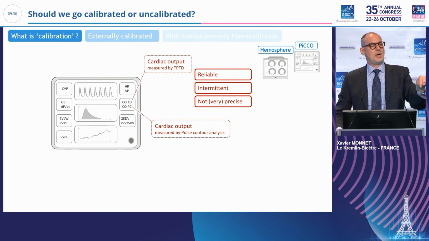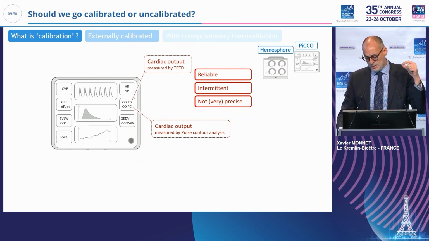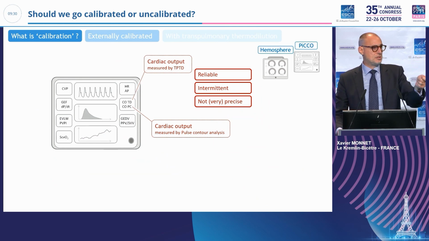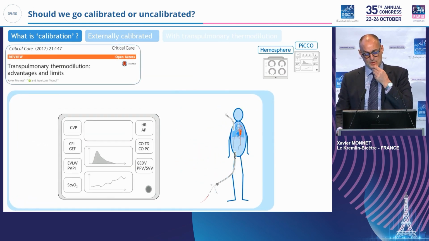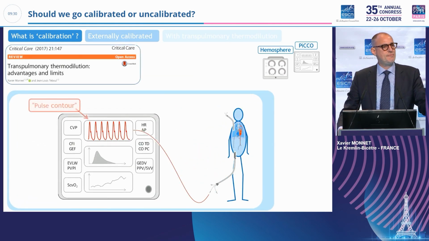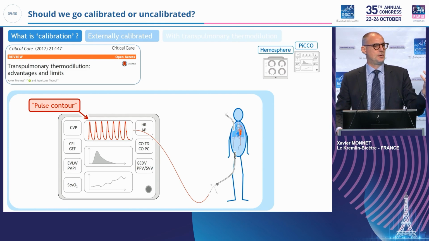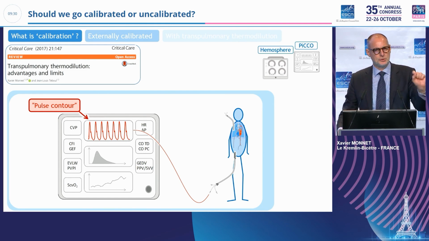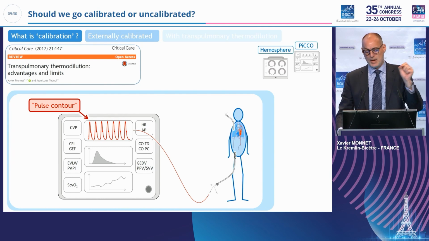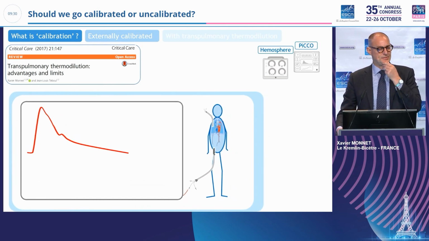In addition to that, because these systems are connected to the arterial pressure, they perform pulse contour analysis because these systems have an arterial pressure curve. Nevertheless, this time, pulse contour analysis is calibrated by transpulmonary thermodilution.